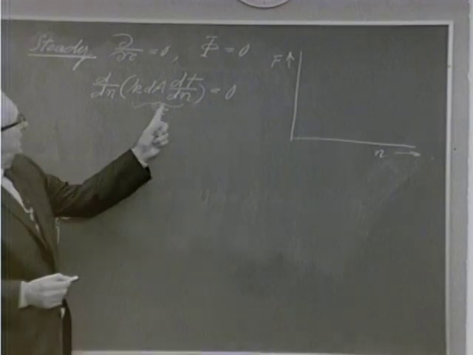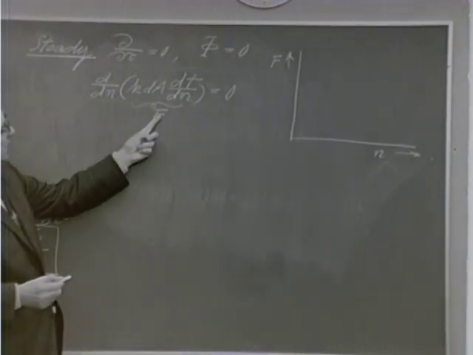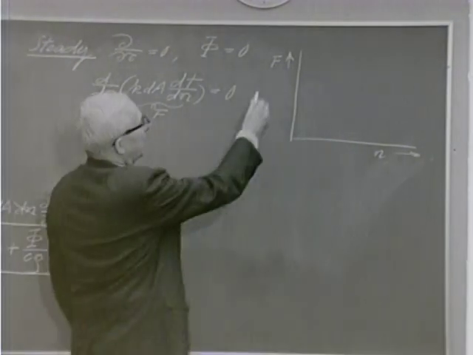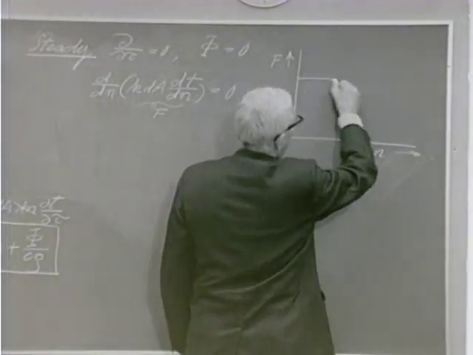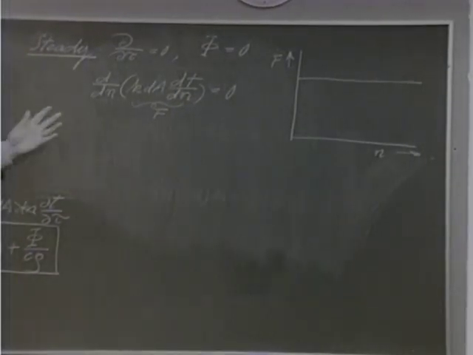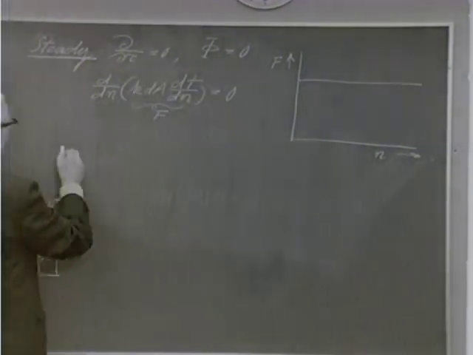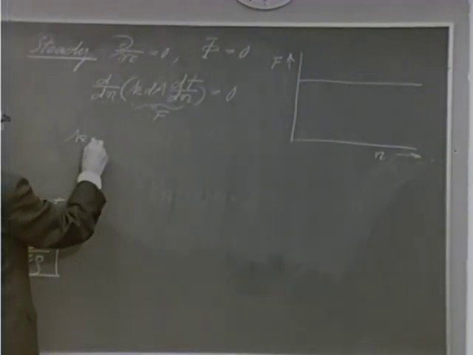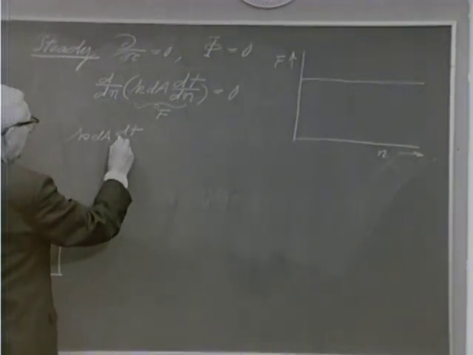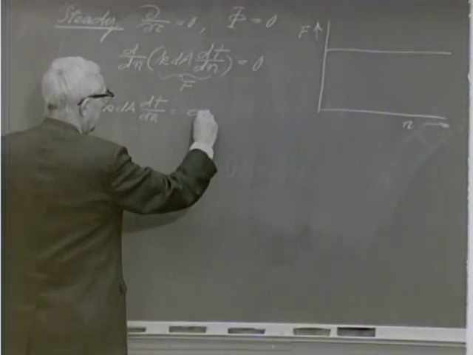Then what this expression says is there is no change in this quantity along n. Or, in other words, if there is no change, the quantity itself is constant. So we can immediately, instead of writing this, now write that this quantity itself, k dA times dT over dn, has to be constant.